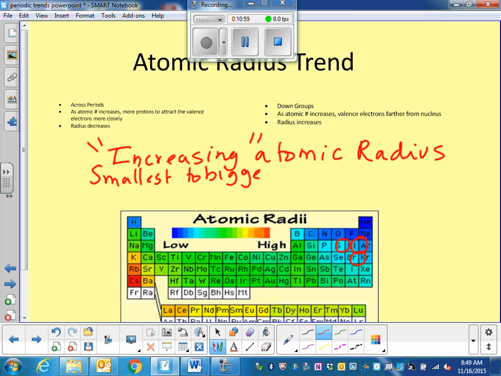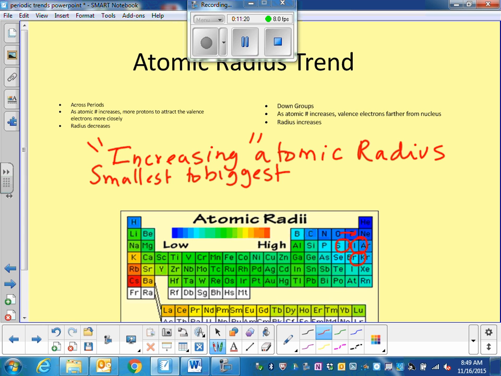I want you to tell me among the three, which is the smallest in size, Aiden? This is a hard one. But when you go across, what happens to the size? So which will be the smallest?